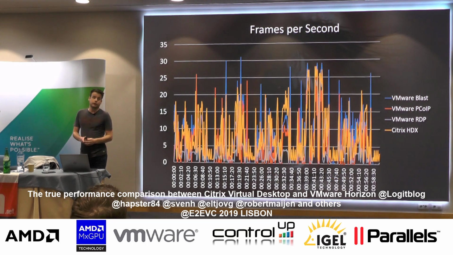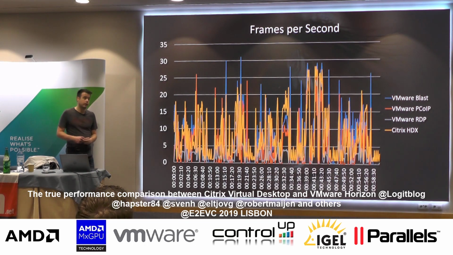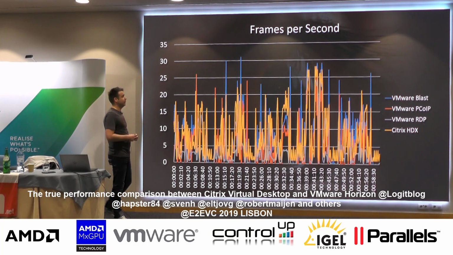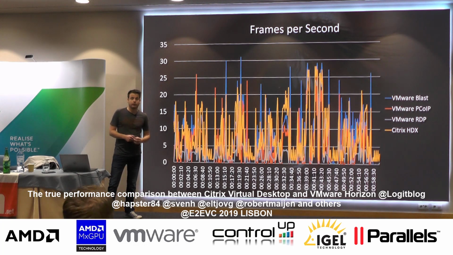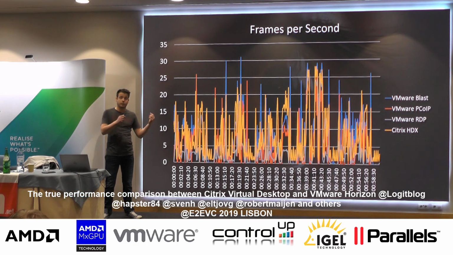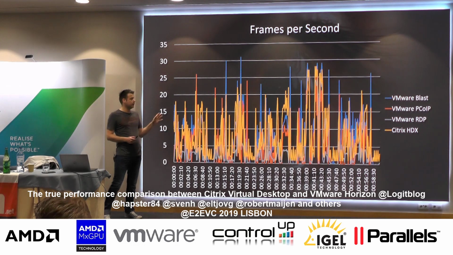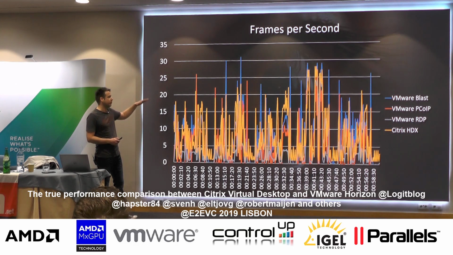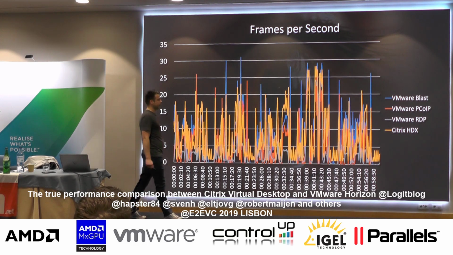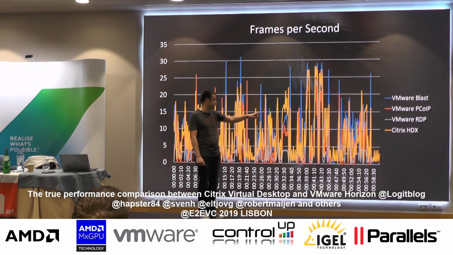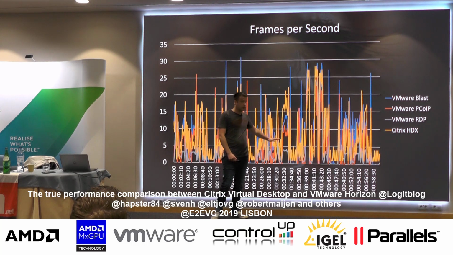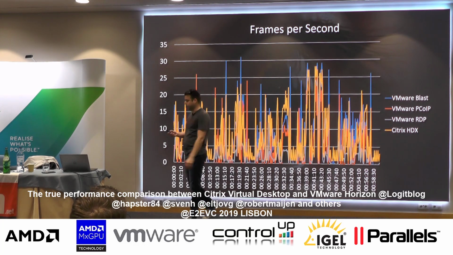So looking at the experience itself, one important metric is the FPS, the amount of frames that are sent over from the session itself towards the endpoint. And again here in the line chart it's important to see the similar pattern. But you can see that some protocols, especially RDP, got a low amount of frames per second.